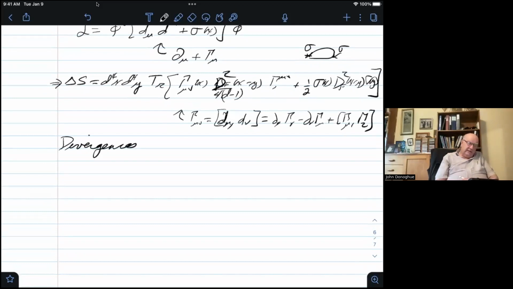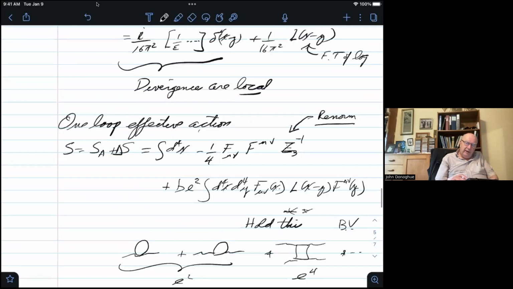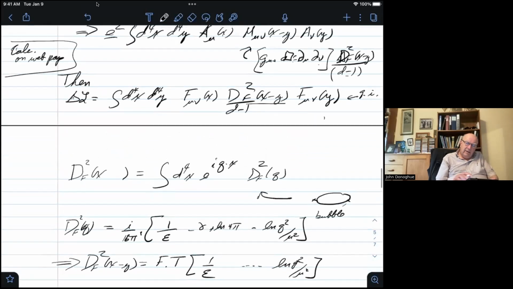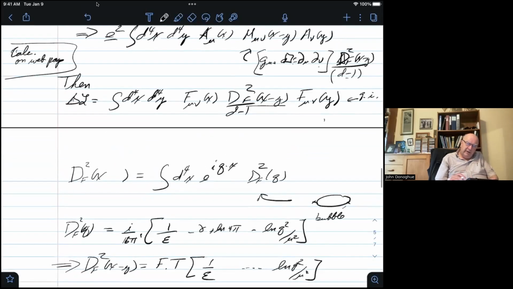The divergence is delta S divergent, integral d4x, 1/16 pi squared, 1/epsilon. And the answer is, where up here I had this d 1/4 d minus 1.